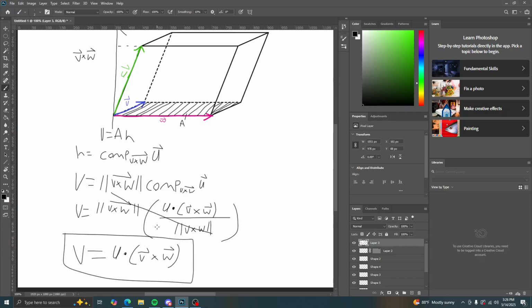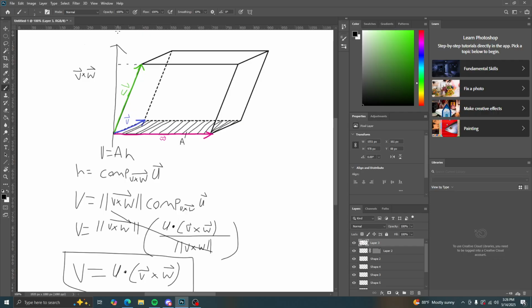Now, another way to do this, I don't know if it's easier, it really depends. Right here, we know that this is the height, and this invisible line I drew forms a perpendicular line. This angle right here is the angle between u and this base area.